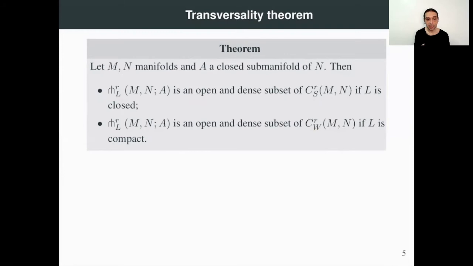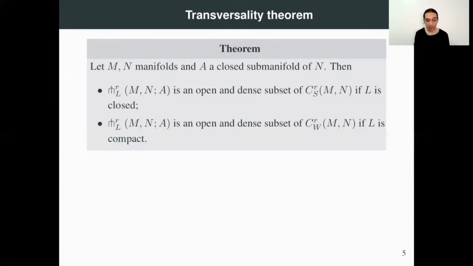Okay, in the second case, when L is compact, we can consider a cover of L by compact subsets that are small enough so that we can apply the local transversality theorem.